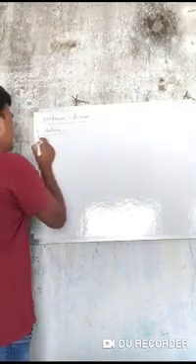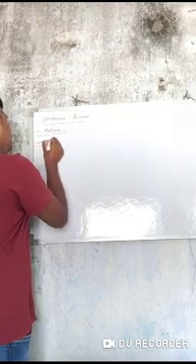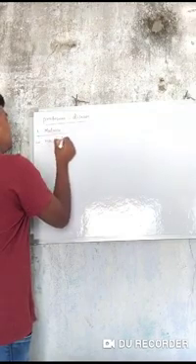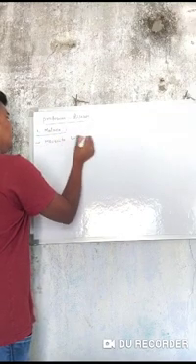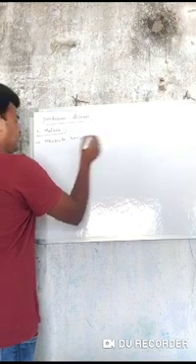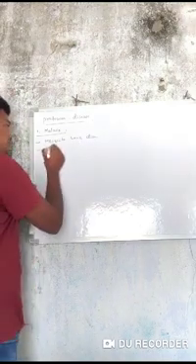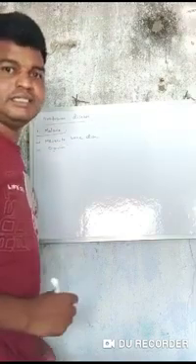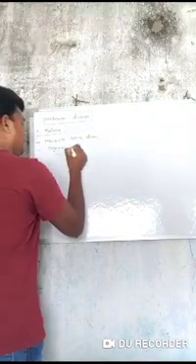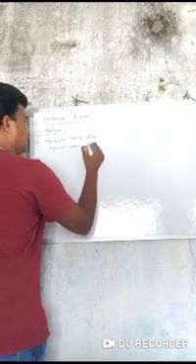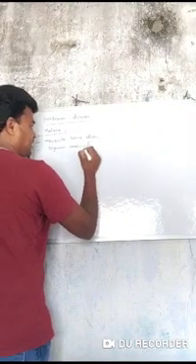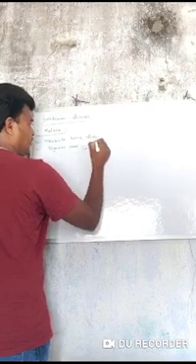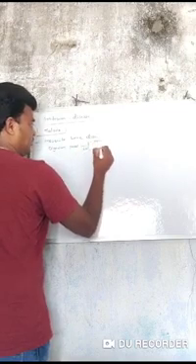Here, it is a mosquito-borne disease, and it is a digenetic parasite. It is a digenetic parasite because digenetic means it has 2 hosts. First one is man, second one is mosquito.